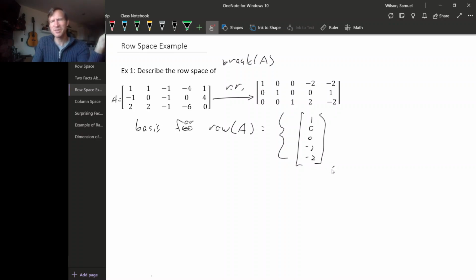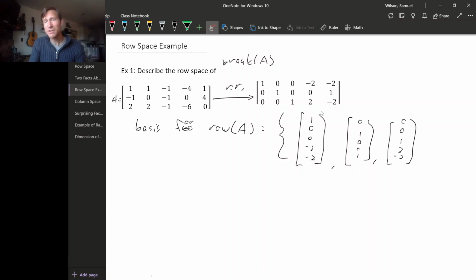I'm writing them as columns. It's not really important whether we write them as columns or not. If you want to keep them as rows, I guess you can do a transpose, right? But for the moment, it's not important whether we think about them as rows or columns. 0, 1, 0, 0, 1, and 0, 0, 1, 2, minus 2.